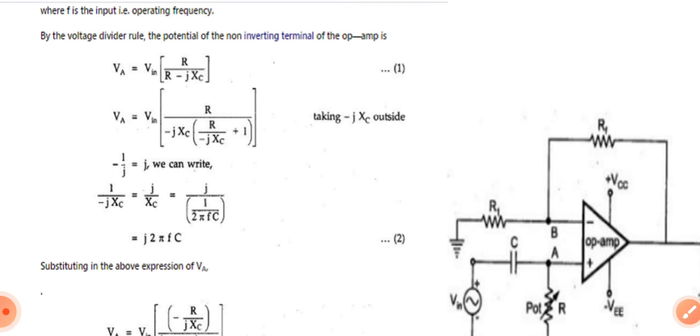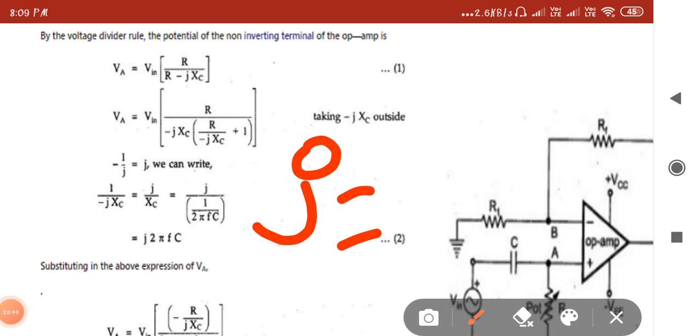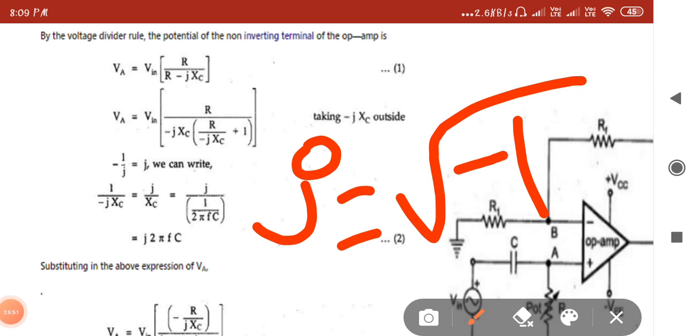Take J into XC outside of that, and J equals to root of minus 1. VA equals to V in divided by, R divided by minus JXC plus 1, right.